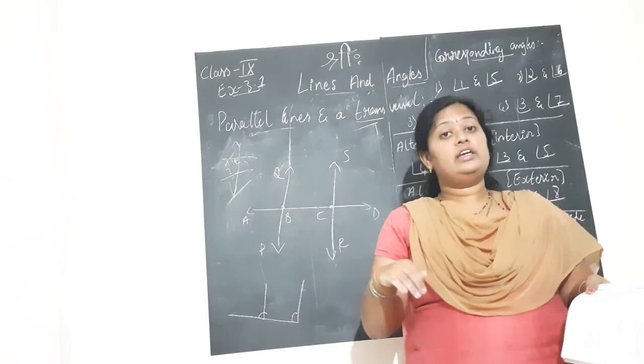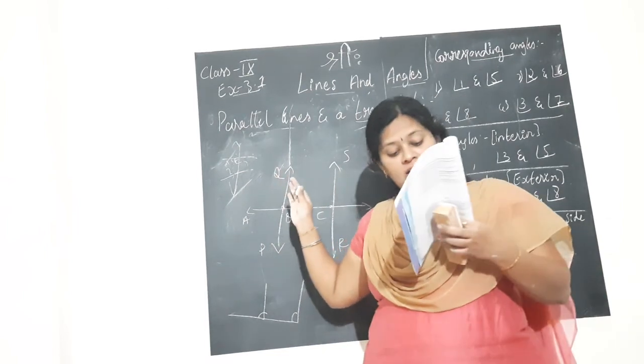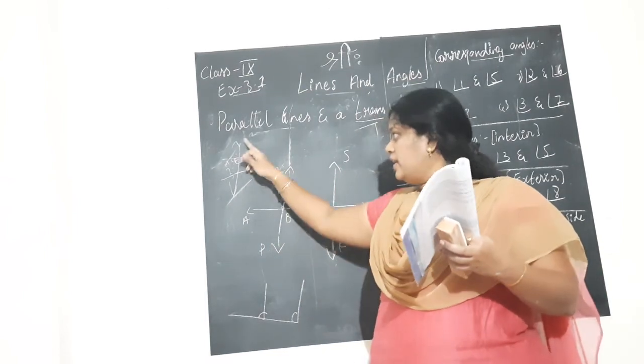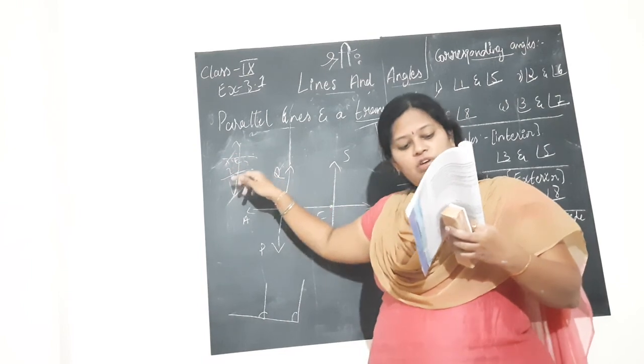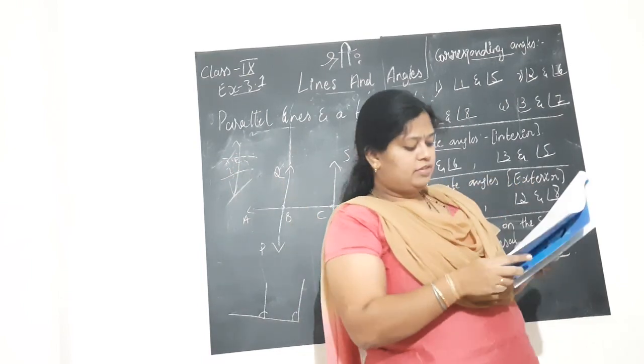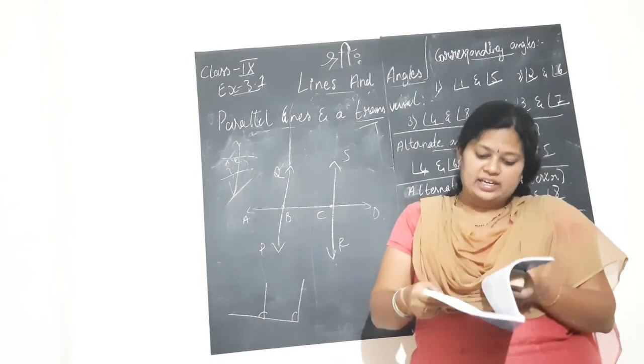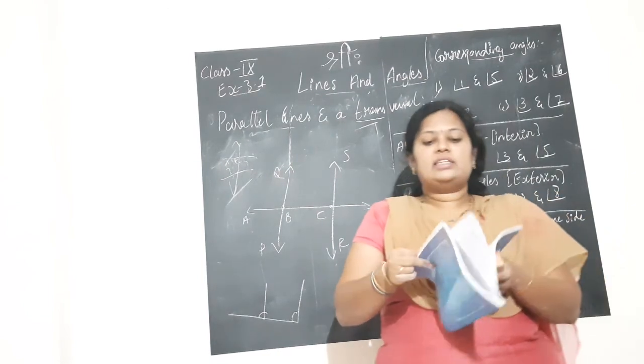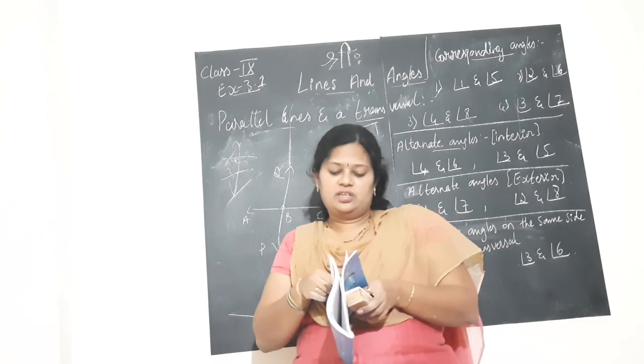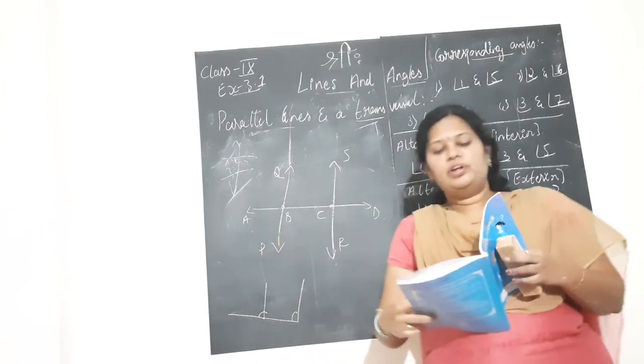If their sum is 180 degrees, then the two lines are said to be parallel to each other. That is theorem 3.5, children.